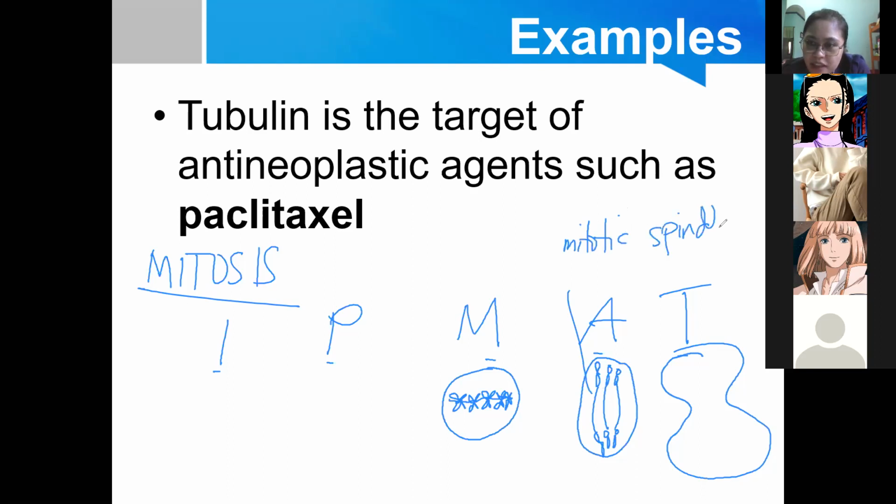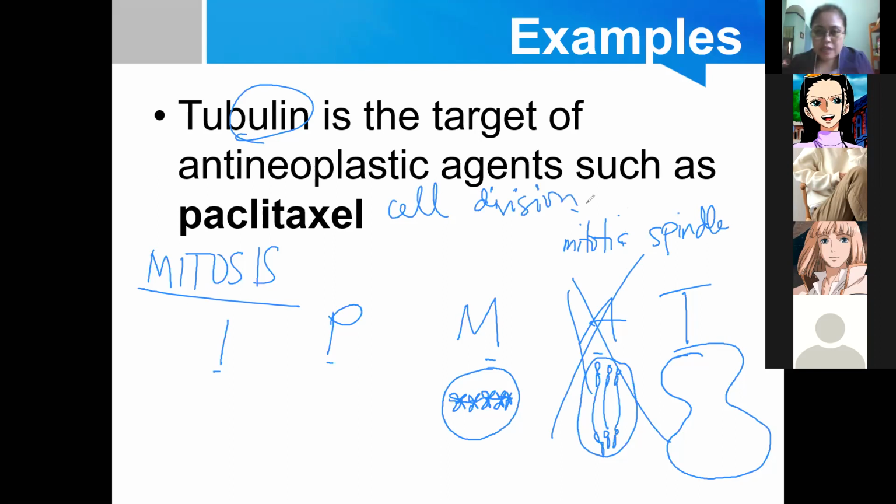And the mitotic spindle is composed of tubulin. The components of our mitotic spindles are the tubulin. And this is being inhibited by paclitaxel. The result is that cell division will be halted. This is beneficial to cancer patients because our goal in cancer is to stop its spread, so we stop cell division.